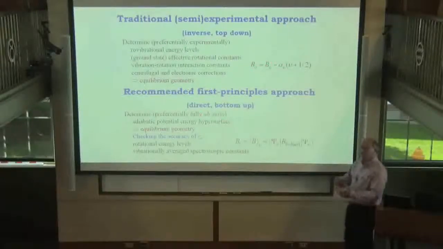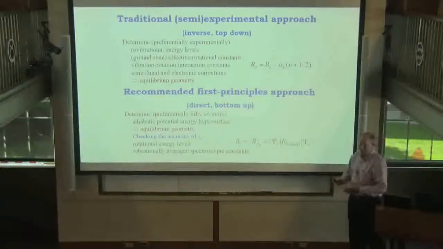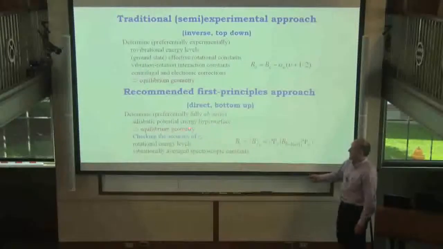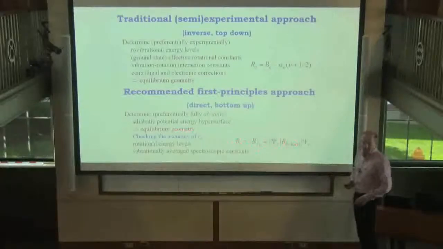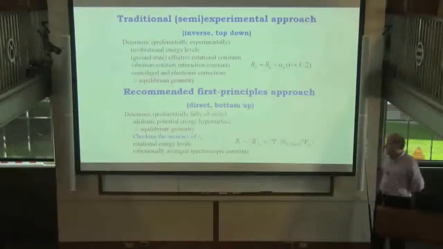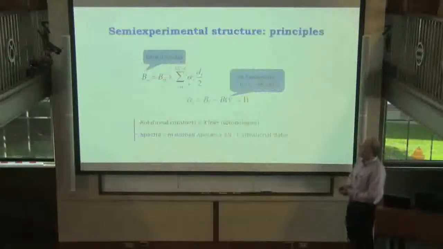Now, from the theoretical point of view, you can make an inverse procedure, and you can determine a hypersurface, get the equilibrium geometry, and then you do variationally the averages and try to come up with these B_v constants if you are within the usual approach and you use the Eckart embedding.